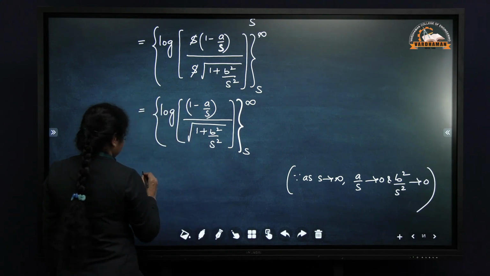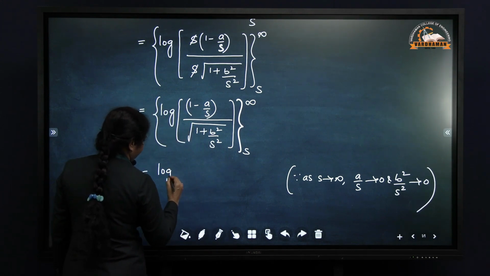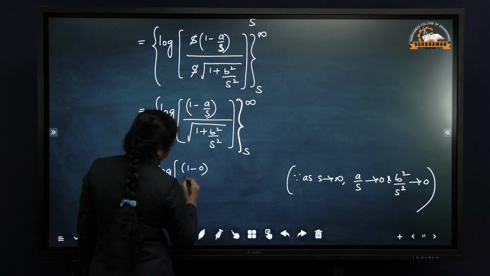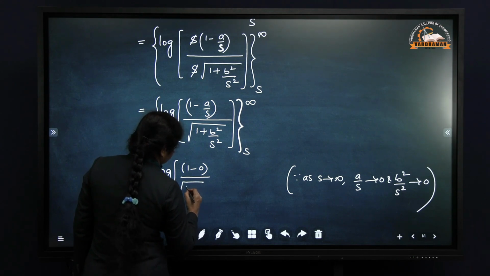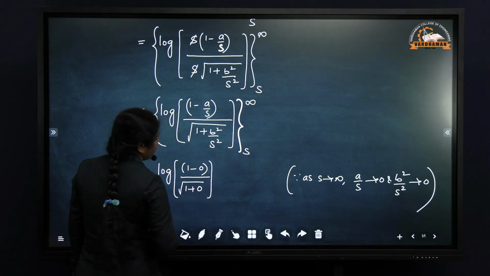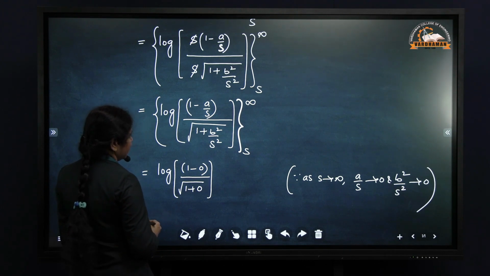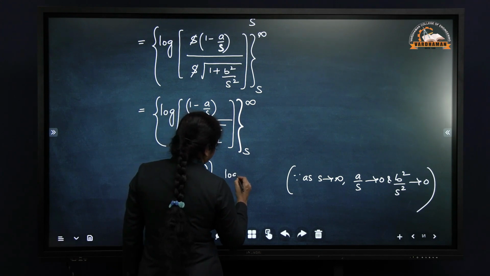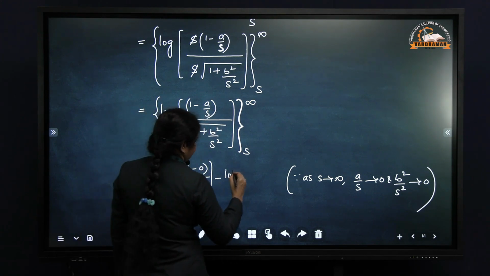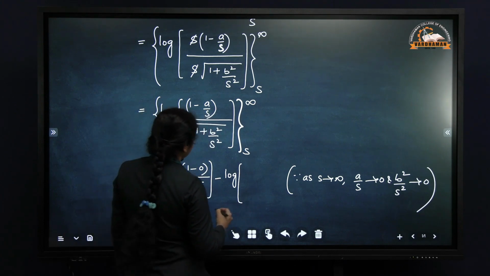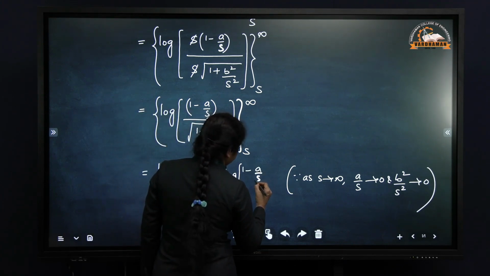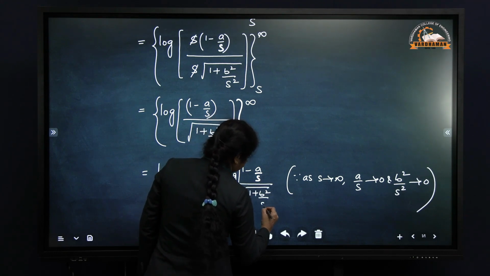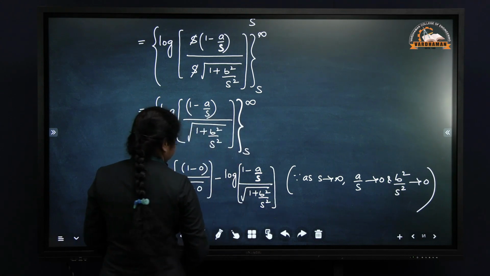So this expression gives the result log of 1 minus 0 by root over 1 plus 0, when I replace s with infinity as the upper limit, and when the lower limit is s, we get the same expression, that is log of 1 minus a by s by root over 1 plus b square by s square.